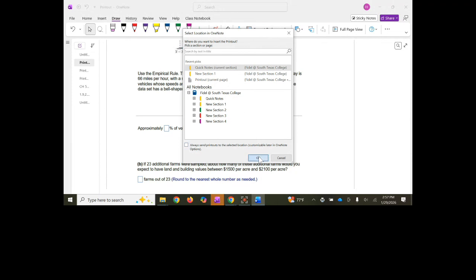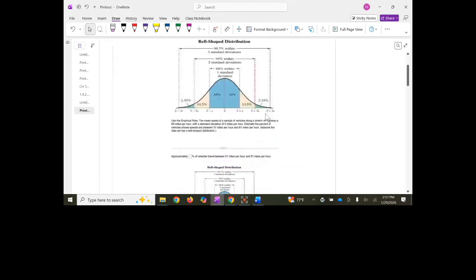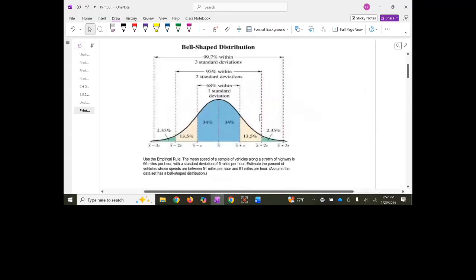So guys, it's the same thing, but you have the same notes that I had in the rest of the chapter. Okay, so let's take a look and see if we can figure out what we're trying to do here.